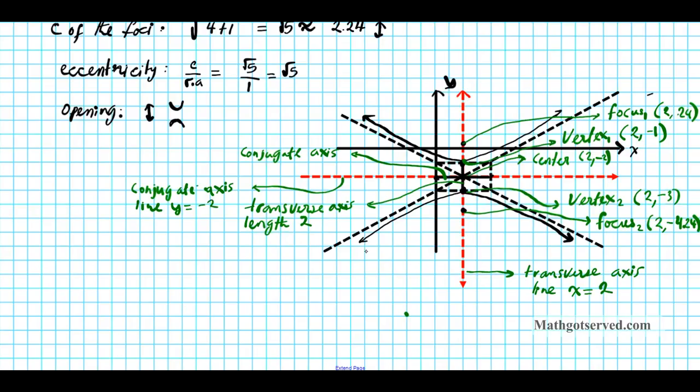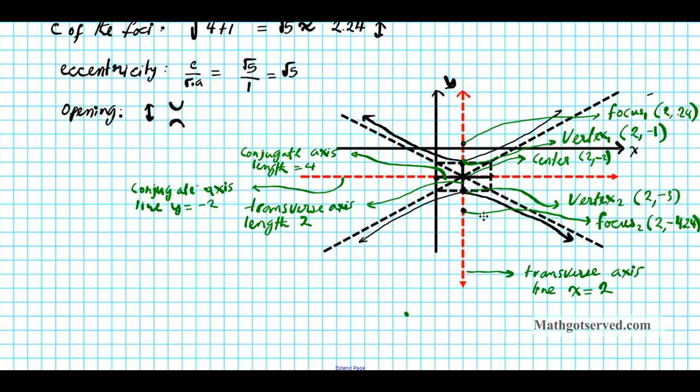The length of our conjugate axis is 2 units in both directions, so the total length is 4. So the conjugate axis length is 4 units long.